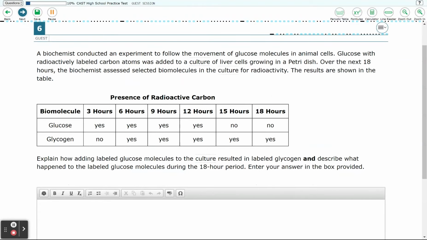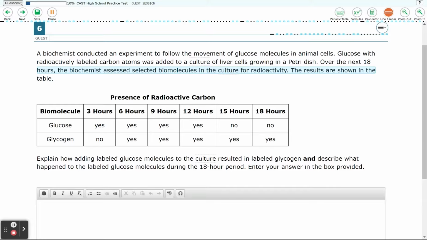So here we see that a biochemist conducted an experiment to follow the movement of glucose molecules in animal cells. Glucose with radioactively labeled carbon atoms was added to a culture of liver cells growing in a petri dish. Over the next 18 hours, the biochemist assessed selected biomolecules in the culture for radioactivity.